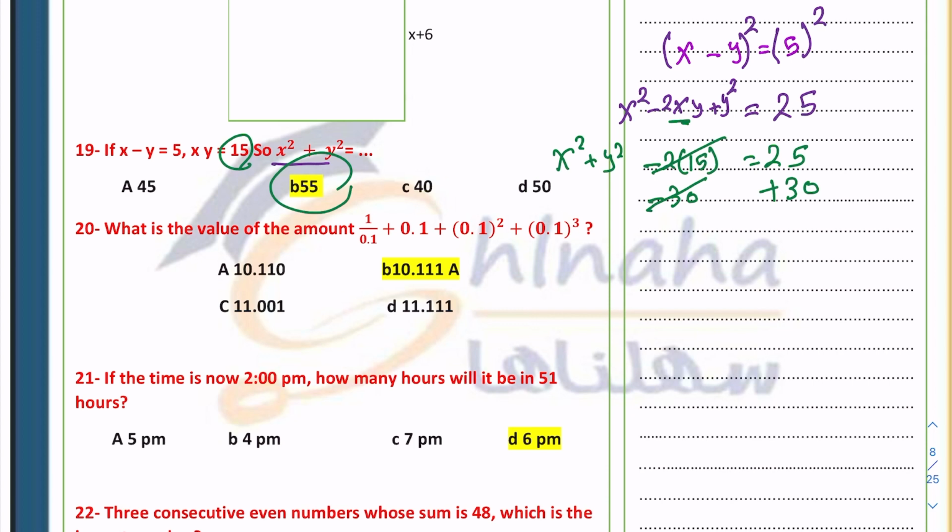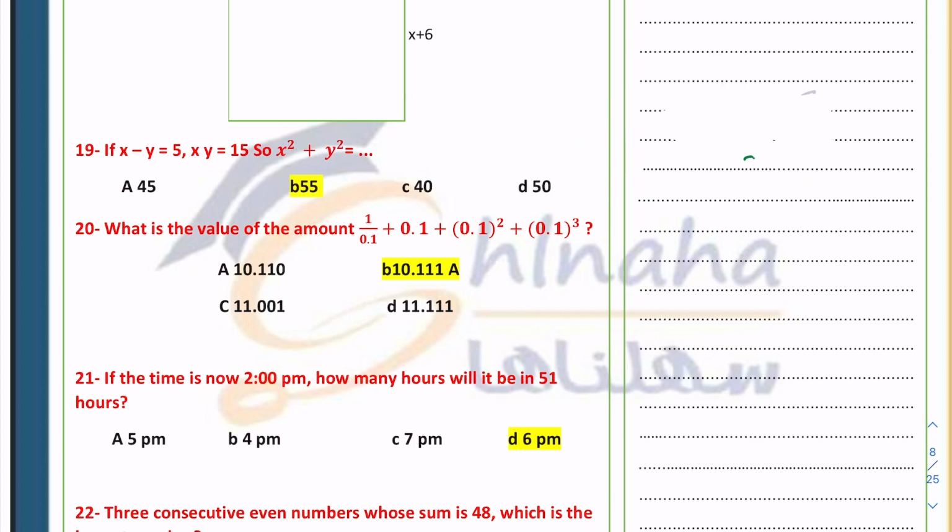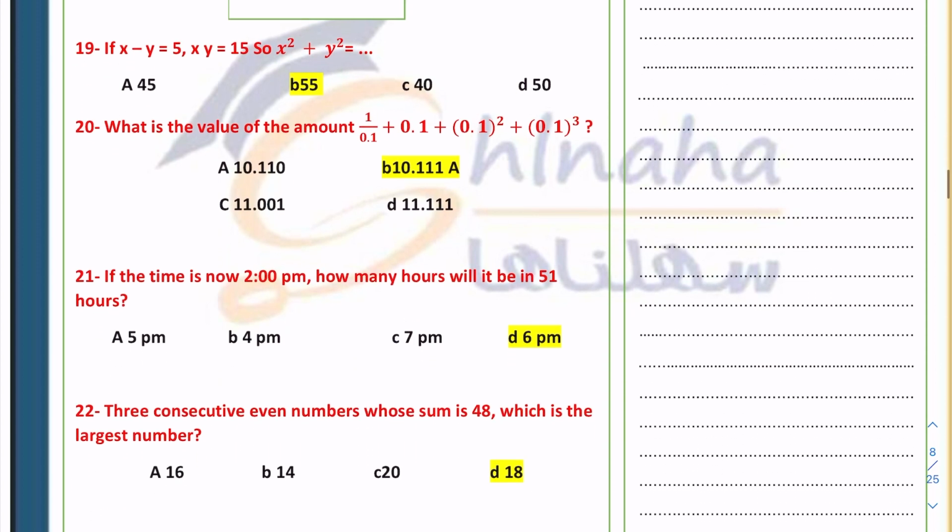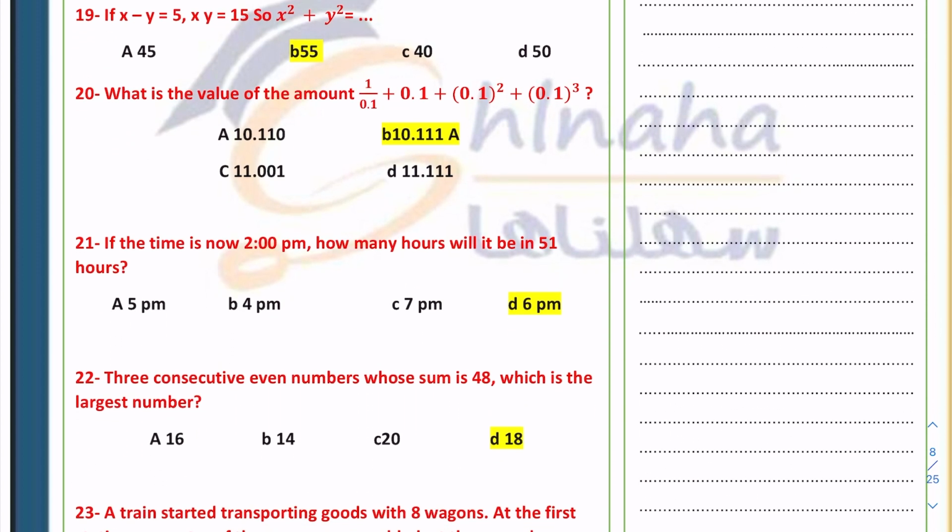Next question, which is simplify or calculate the number here. Okay. Now, 0.1 power 3, it means 1 multiply 1 multiply 1 is 1, and I have 3 decimal places. 0.1 squared, I have 1 multiply 1, which is 1, and I have 2 decimal places. Plus 0.1, okay.